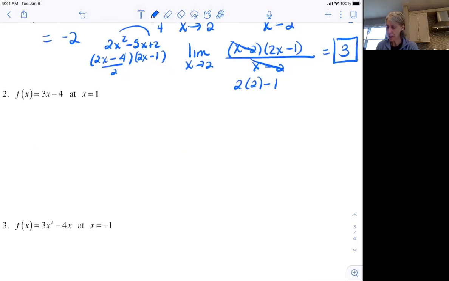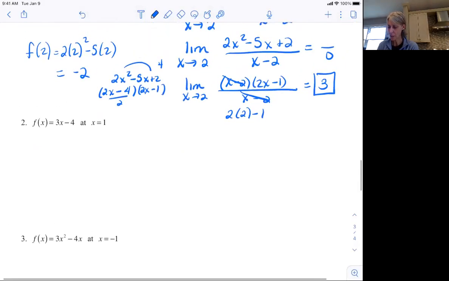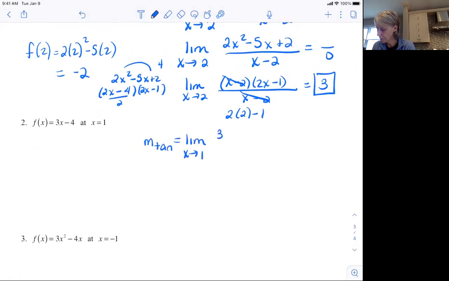f of x equals 3x minus 4 at x equals 1. The slope of the tangent line is going to equal the limit as x approaches 1 of f of x, which is our rule, minus f of 1. Plug 1 in. 3x minus 4 minus negative 1.